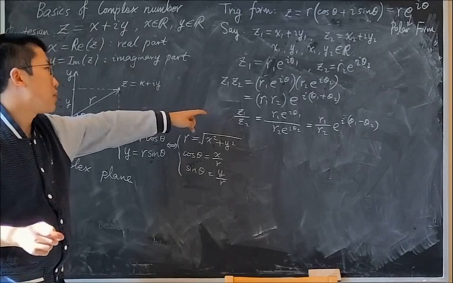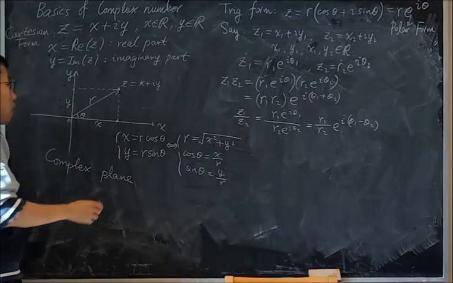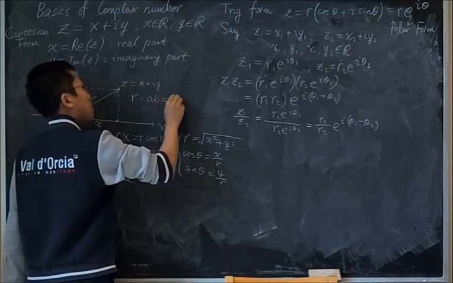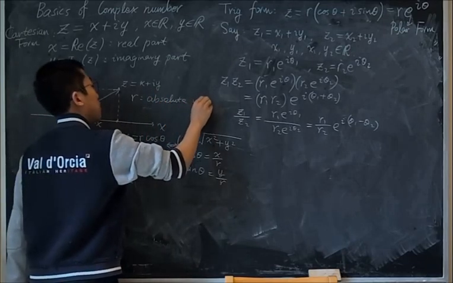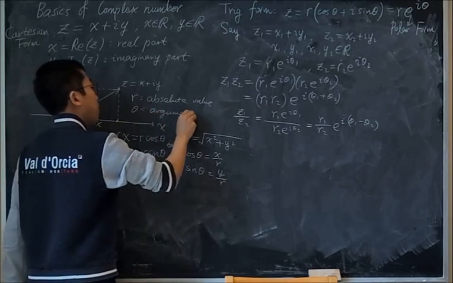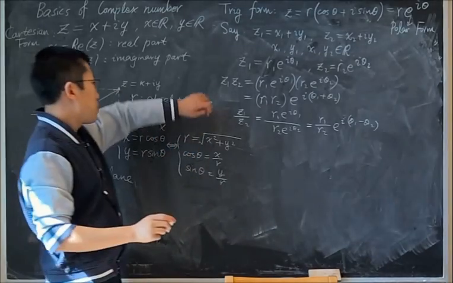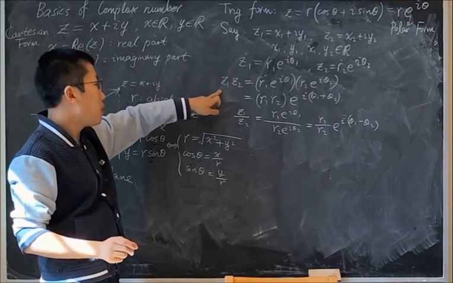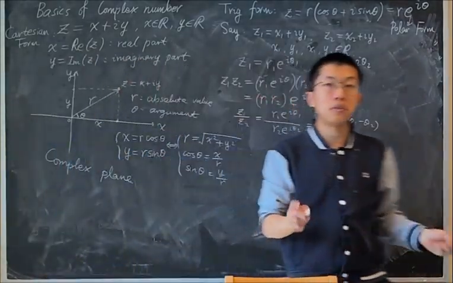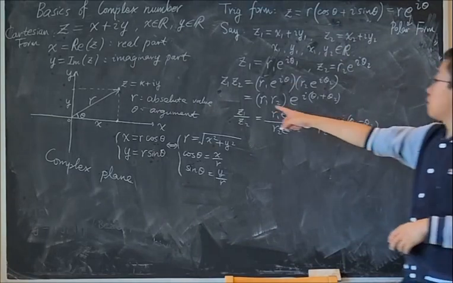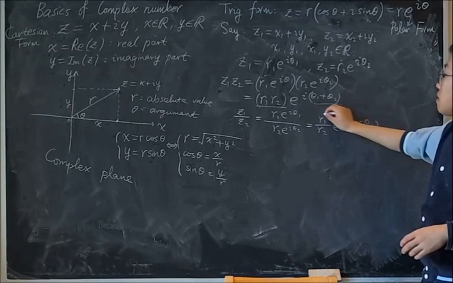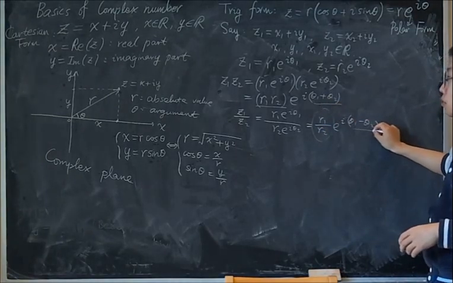polar form. Let's see. Remember that R is called the absolute value, right? And theta we call the argument. So from the results of multiplication and division with the polar form, we instantly conclude that this is the absolute value, this is the argument.